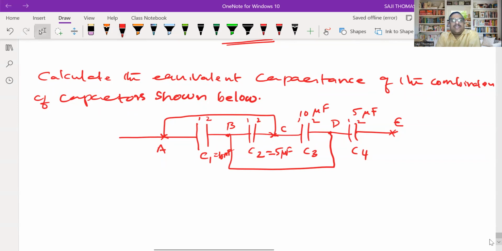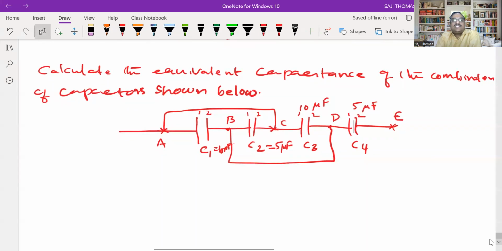I told you points A and C are the same points. So at the point A, you can see three plates are connected together: plate 1 of the first capacitor, plate 2 of the second capacitor, and plate 1 of the third capacitor.